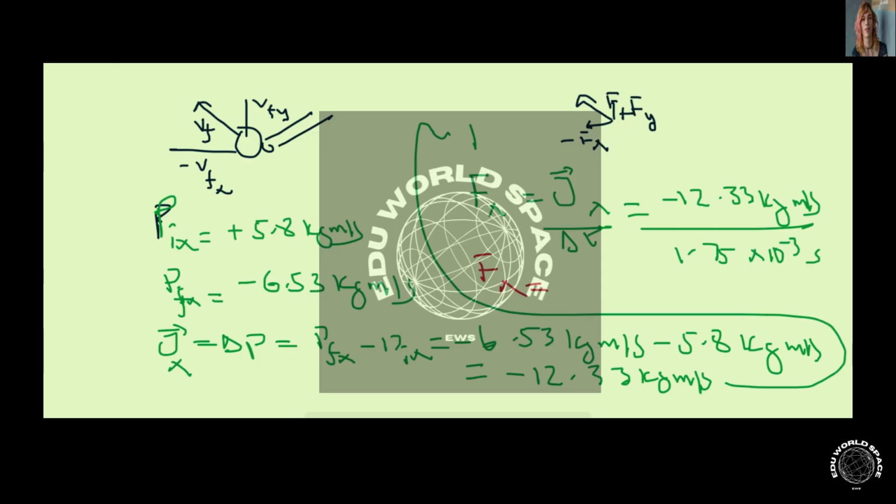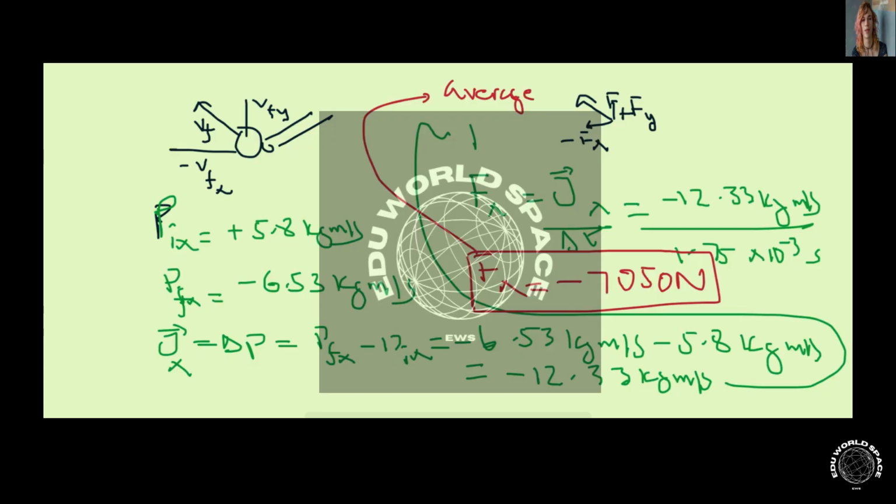F of x is the same as negative 50 newtons, approximately. That's the average force in the horizontal.